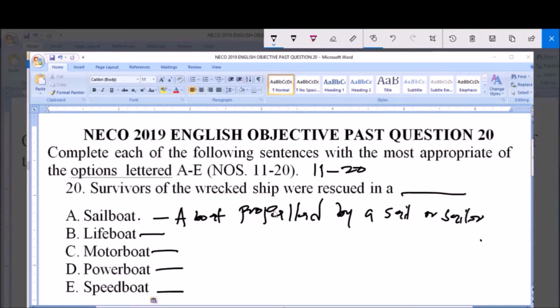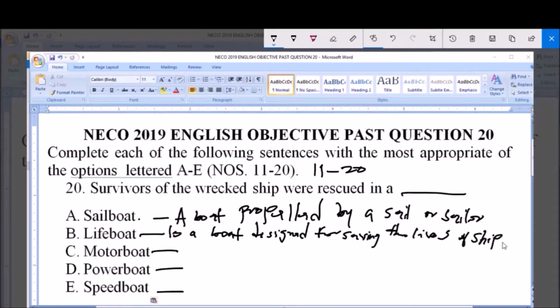A lifeboat is a boat designed for saving the lives of shipwreck victims or people involved in a shipwreck.